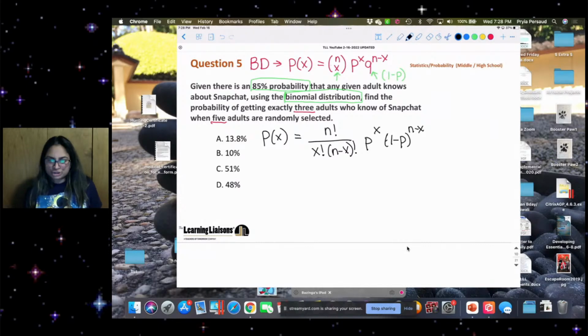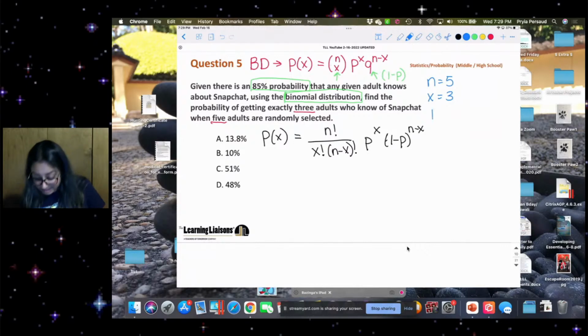Okay, that doesn't look too bad, but I need to know what to plug in to make it not so bad. Well, I have 3 adults out of 5 adults. So, which number is which? My total adults is 5, and I'm choosing 3 of them. 3 is my number of successes out of 5 random adults. So I have my n and my x. I also have my probability.